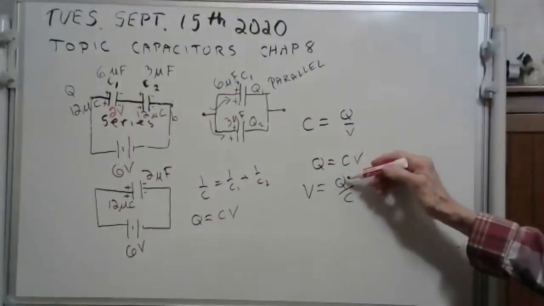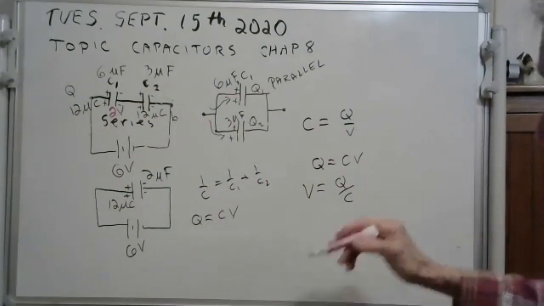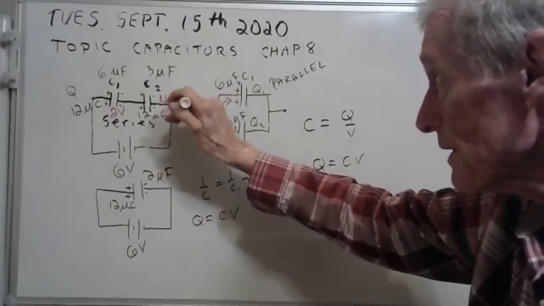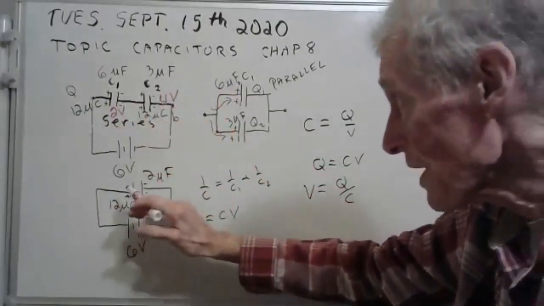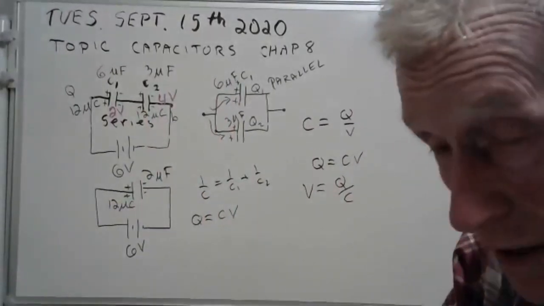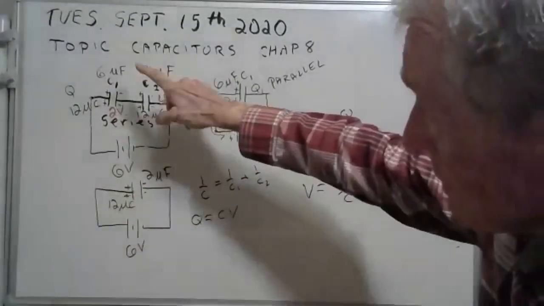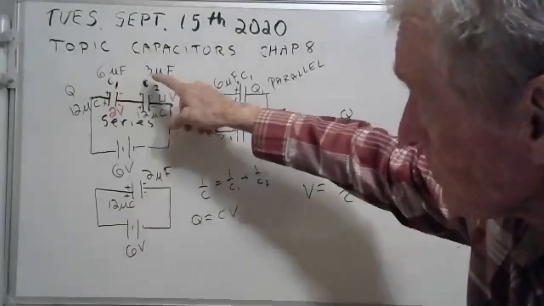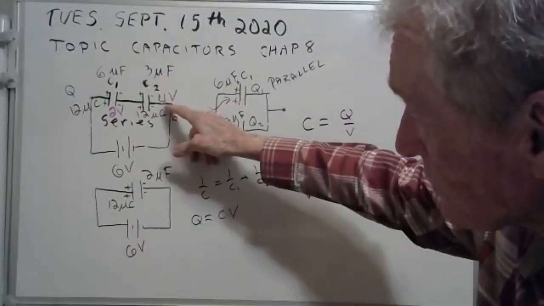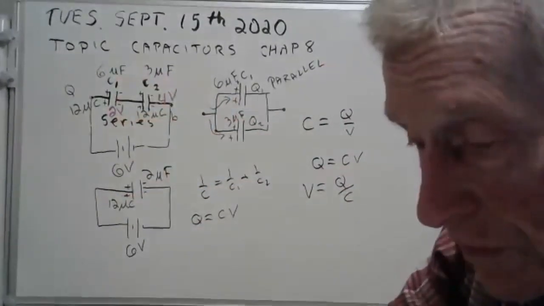See, to get the volts, you take your microcoulombs and you divide by your microfarads. 12 divided by 3, I get 4. We got 4 volts on here. Now do 2 volts and 4 volts add up to 6 volts? Well, yeah, that's what you got. And here's an interesting thing. 3 is smaller than 6, but the 3 is the little guy, and the little guy gets most of the voltage. It gets 4 volts, whereas the big one only gets 2 volts.